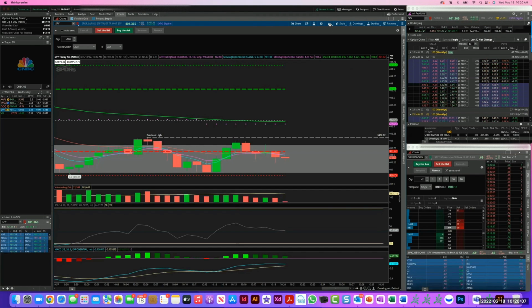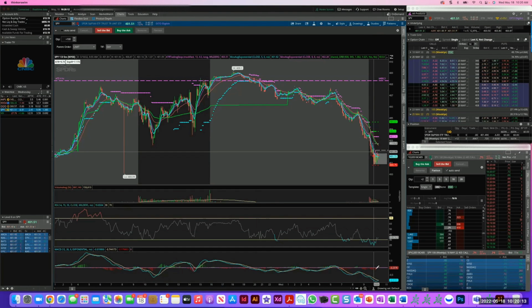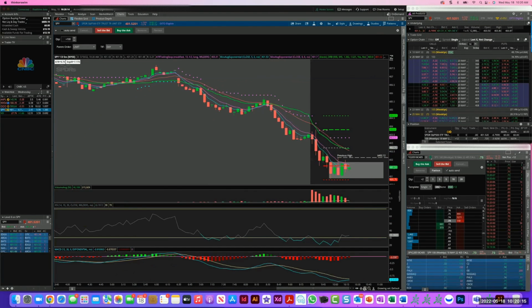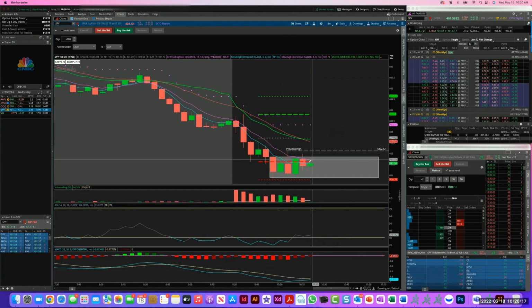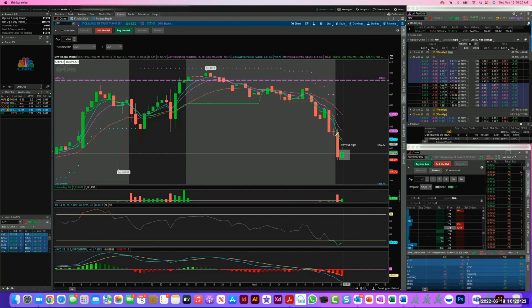So looking at SPY on a couple of different time frames. It's a 5-minute chart here. Again, we're stuck in a consolidation here. There's a 30-minute view where we are below a lot of resistance to the upside.